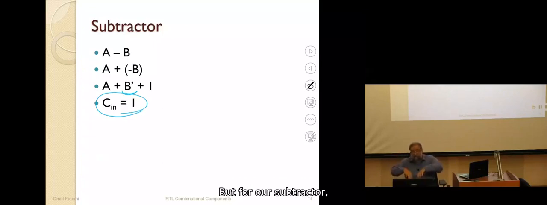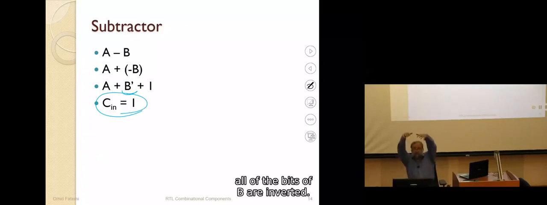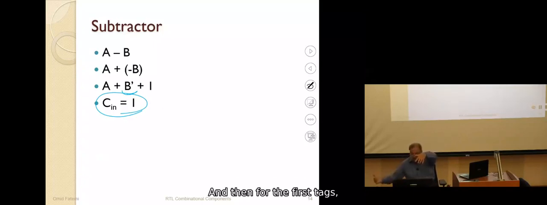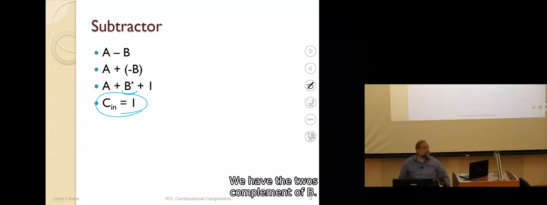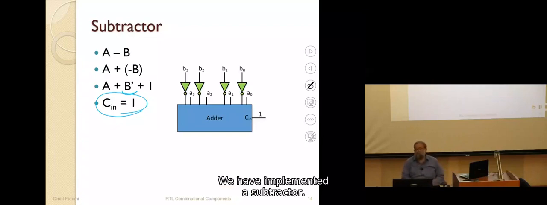But for our subtractor, all of the bits of B are inverted, and then for the first stage, we also put a carry of 1, so we have the 2's complement of B. So we have implemented a subtractor.